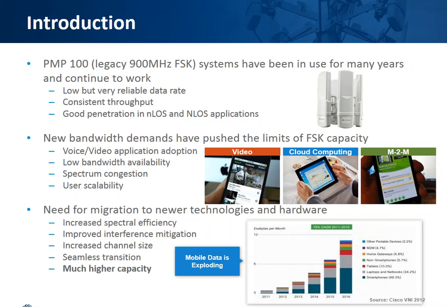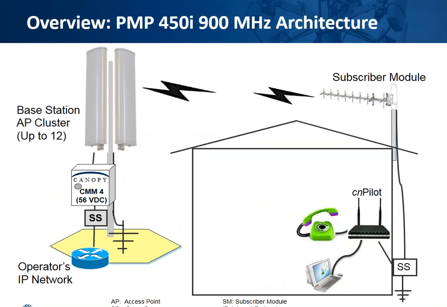So we've faced the need to migrate to newer technologies, and with the advent of the 450i platform, we're now able to take this to the next level and push much higher capacity over the same kind of links. Basically, what it looks like in terms of architecture, very simple flat architecture, same as our existing platform, but with the 450i.